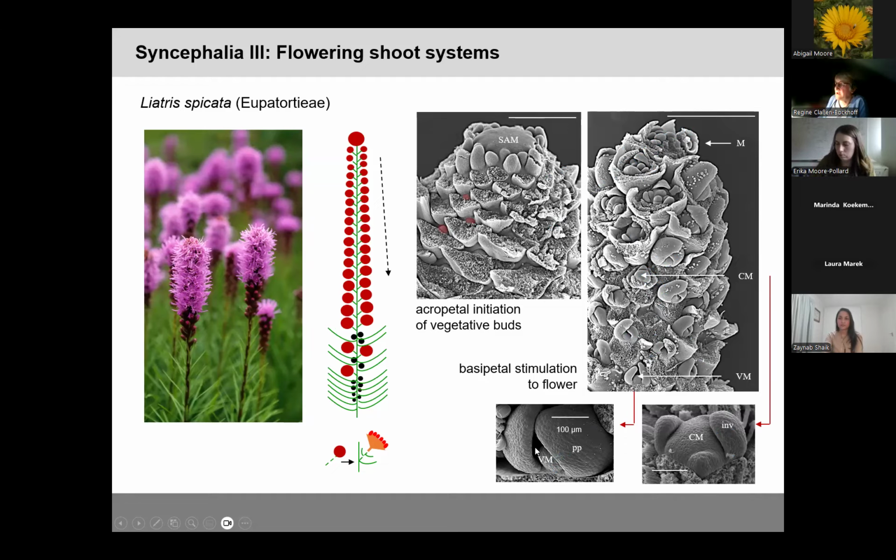So in the beginning, the vegetative meristems produce two prefolds and persist in this stage. Then they get the stimulus and transition into a capitulum meristem, which forms involucral bracts and fractionates flowers.